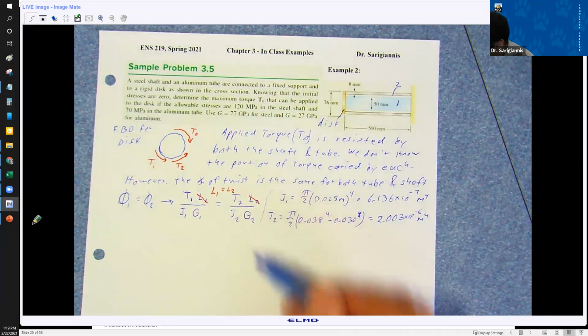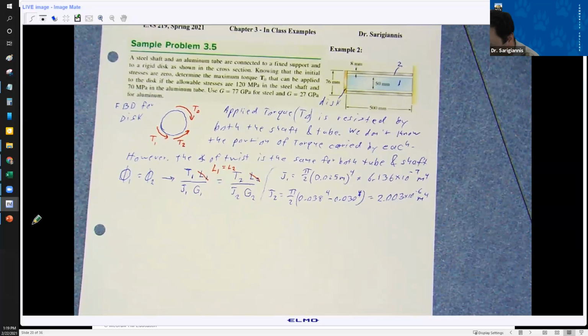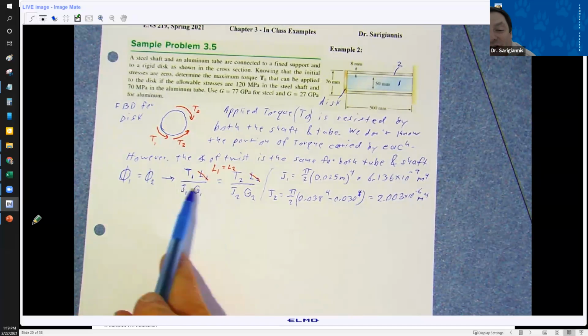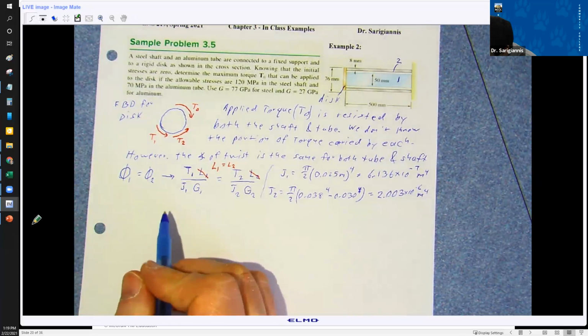I'm trying to fit this all on one page. So all I'm doing here is using these to set the equations equal to each other. Now I can come up with a relationship between the two torques by writing this out.